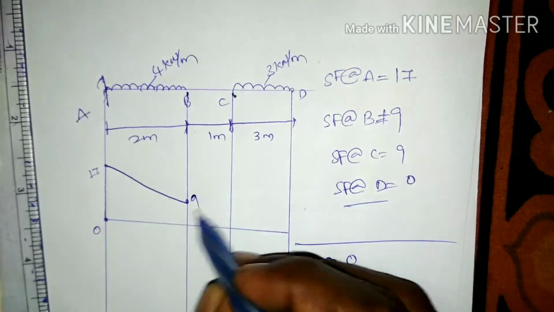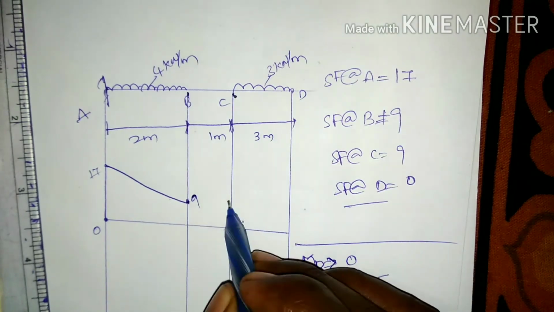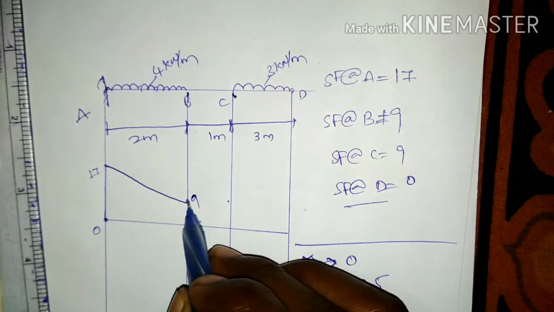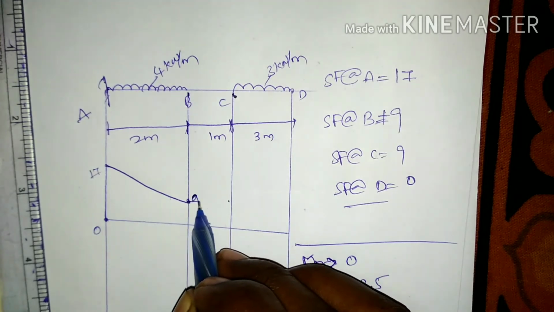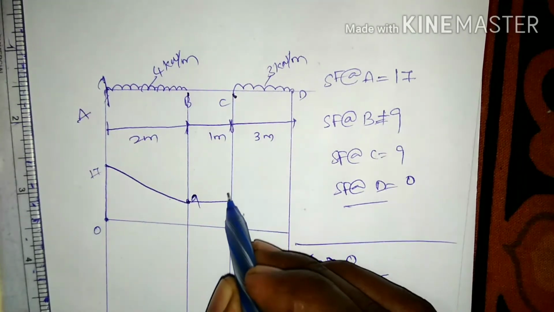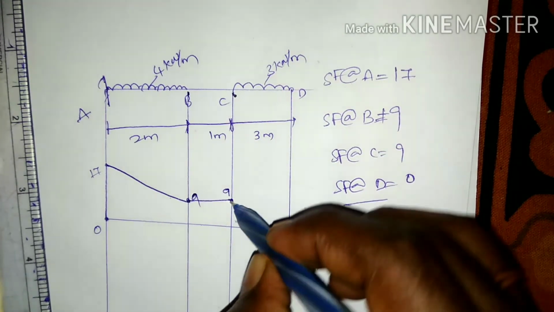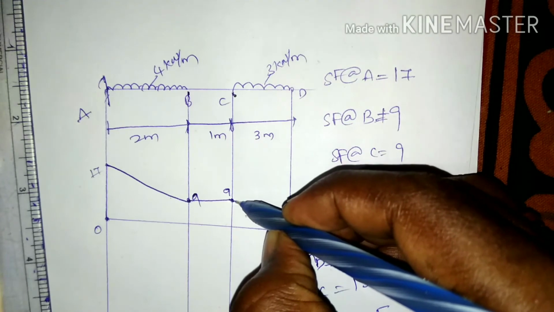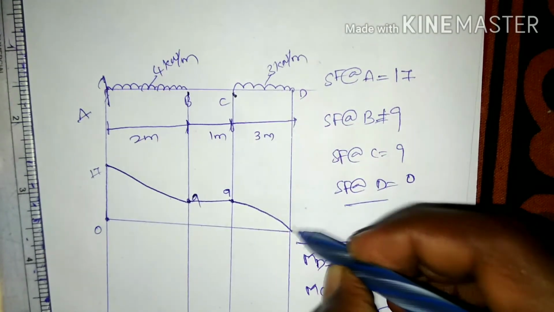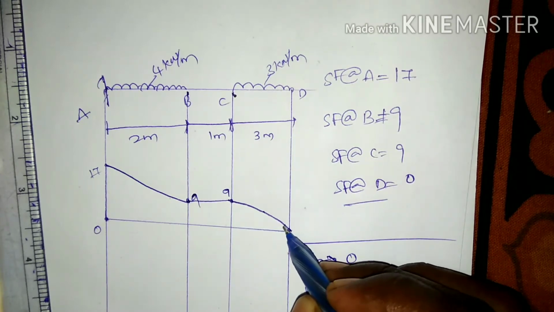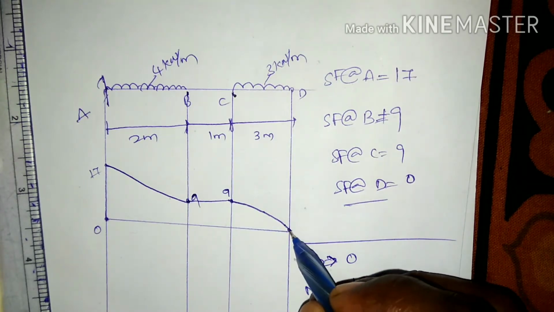This is 9, and from B to C there are no loads, so we have the same constant value, 9 up to C, and at D the value is 0, up to here it is some value, that is 1.5, and so on.